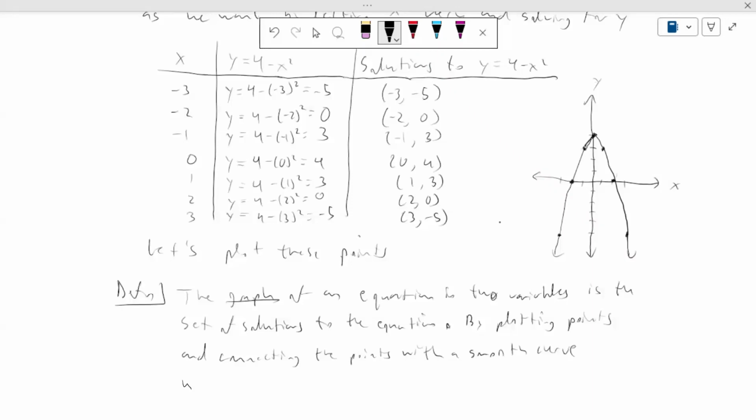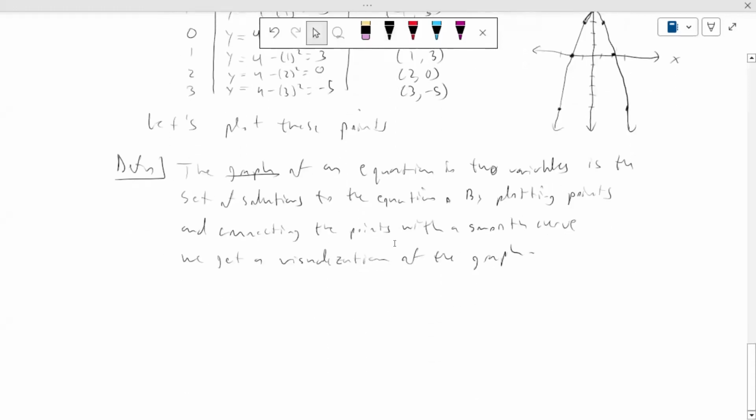We get a visualization of the graph. A nice little visual representation. Again, all stuff that we already knew. Nothing new about that.